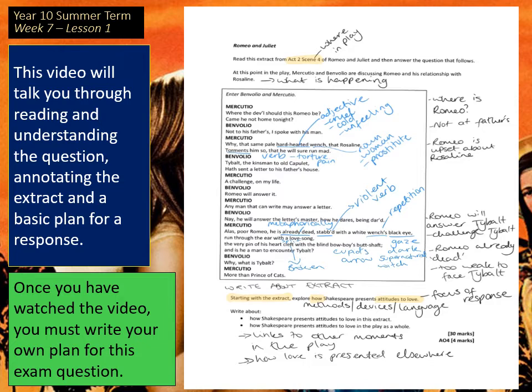So he's suggesting that Cupid shooting that arrow was blind, therefore it's wrong, and a mistake. So he's criticising Cupid. And you can see that alliteration there, blind bow boy's butt shaft, to emphasise the joke of it.